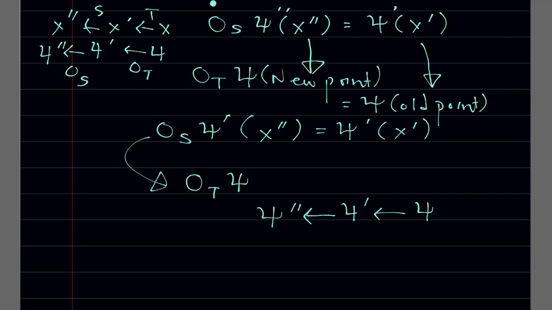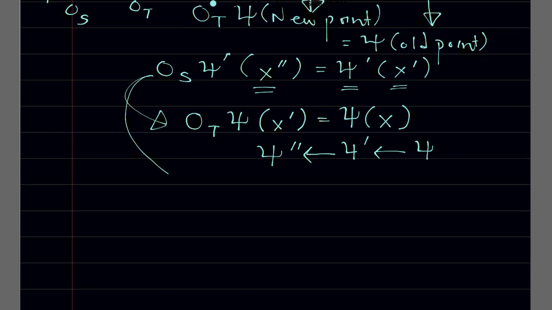So for OT, when I wrote psi, psi was old, but it was evaluated at the new point x prime. Here the new point is x double prime, and you have the old psi, psi prime, evaluated at the old point x prime. Okay, so this is easy.